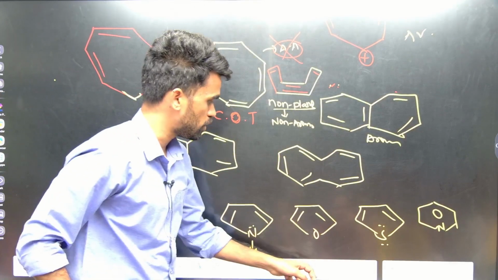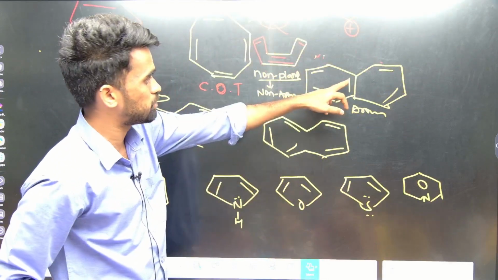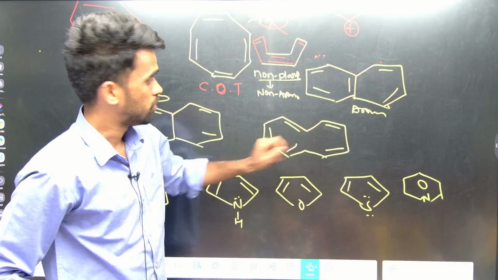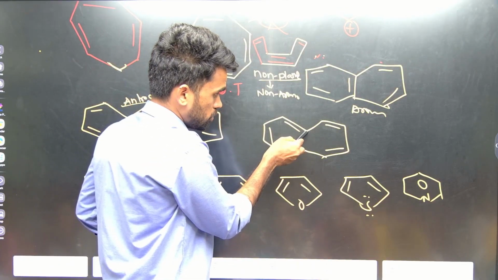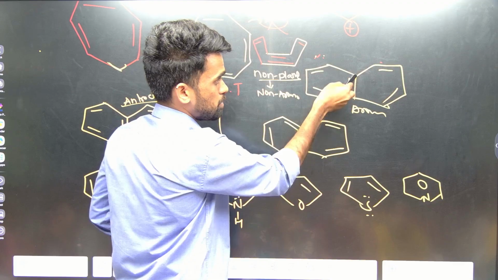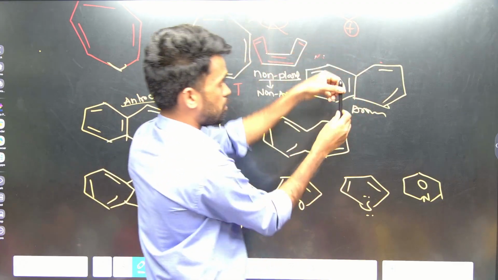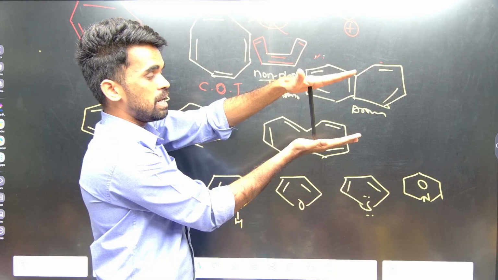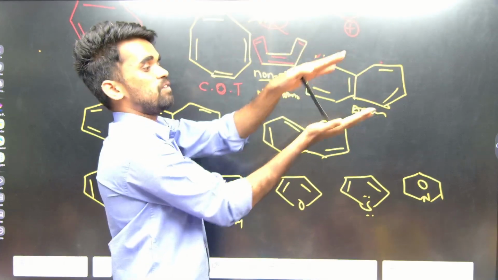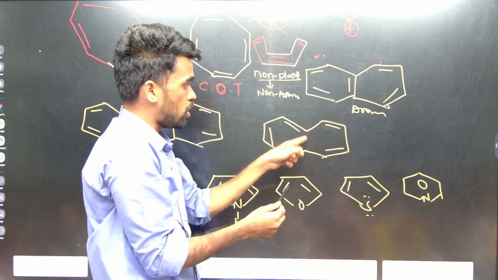Next, this one, if you observe, it is similar to naphthalene but it is not aromatic. Why not aromatic? See, there is no bond here. If there is a bond like this, it will stop the flipping and all, but there is no bond connectivity here.